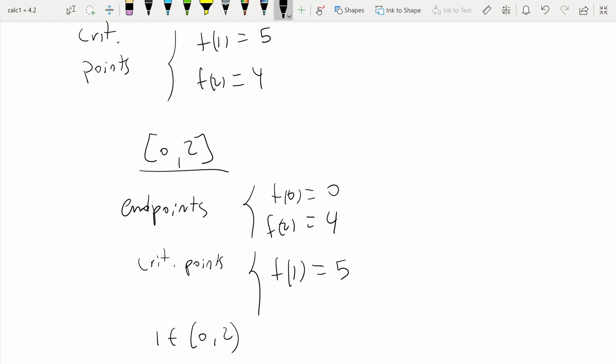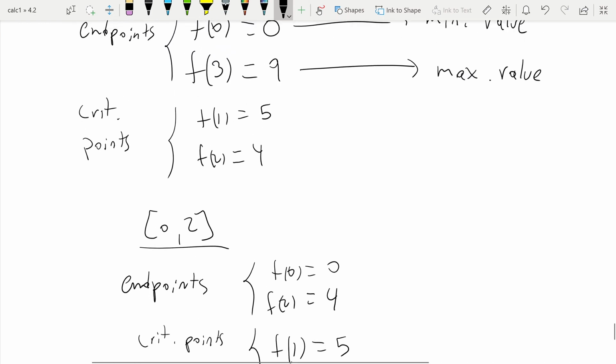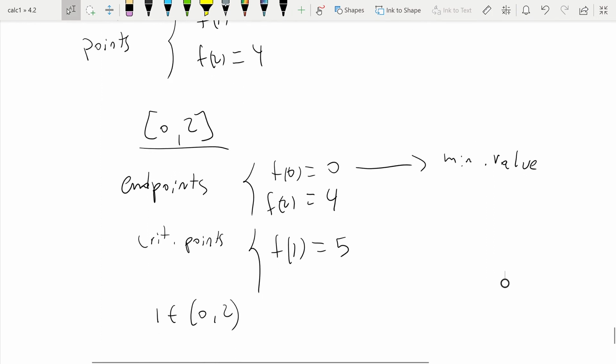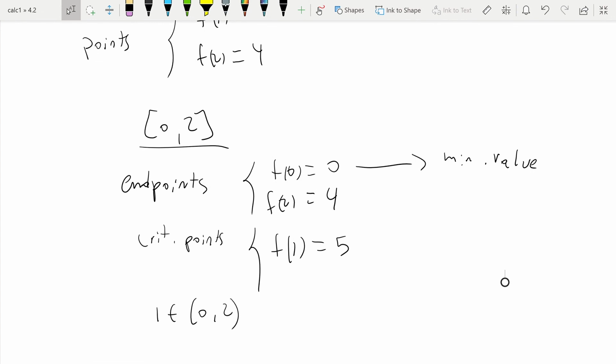And now the situation changes a little bit. 0 is still the minimum value in this interval, but 5 is now our max value, and it's coming from a critical point.